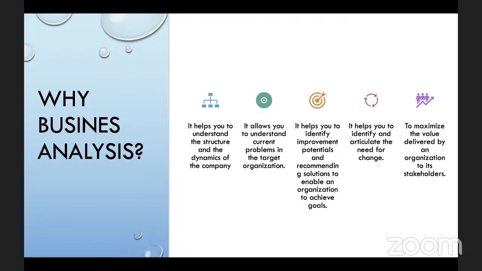Anytime we want to build any type of solution, we always start from the as-is, or what we normally call the current state. What is the current state? Our ability to understand the current state is what is going to help us get into what we will call the future state or the desired state, right?